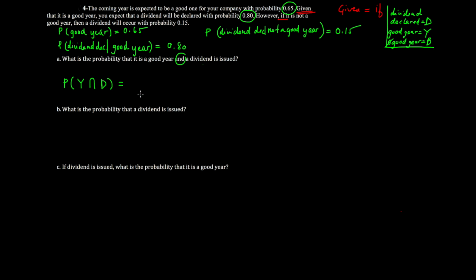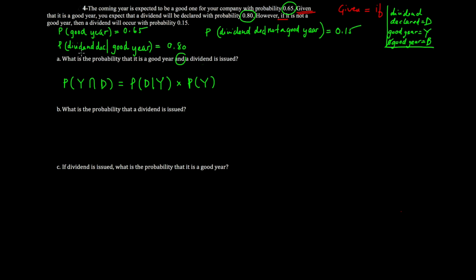So we know that to isolate for the and, we need to take what we have right here, which is D given Y, multiplied by, the condition is going to be Y, so probability of a good year, right? So don't knock your head over this, okay? It should be simple. If you're racking your brain, it's because you're doing something wrong.